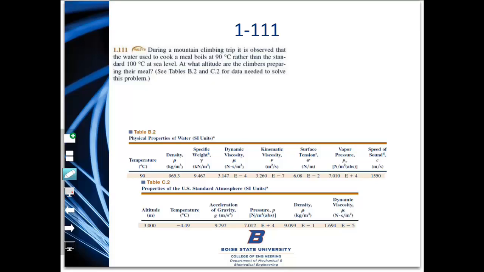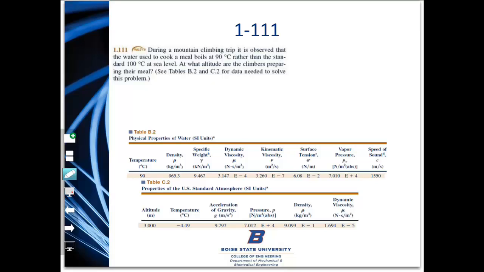Let's look at this interesting problem. During a mountain climbing trip, it is observed that the water used to cook a meal boils at 90 degrees C rather than the standard 100 degrees C at sea level. At what altitude are the climbers preparing their meal? And we are suggested to look at a couple of tables to solve this problem.